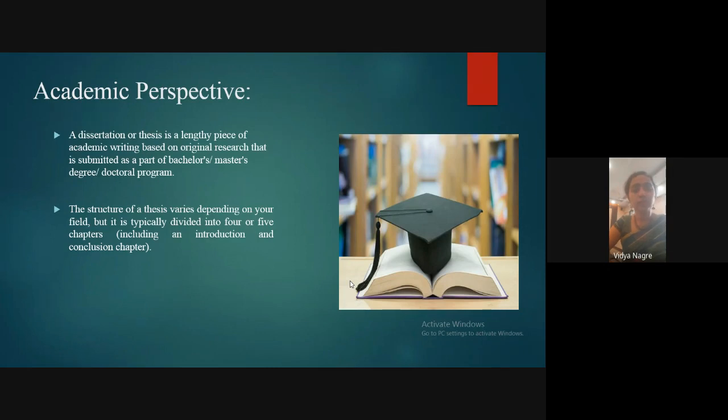Now, try to understand one basic thing. If you are pursuing a doctoral program or even your undergrad program, and you have to write a piece of research, you have to first understand that there are some guidelines given by the university in which you are pursuing that course.